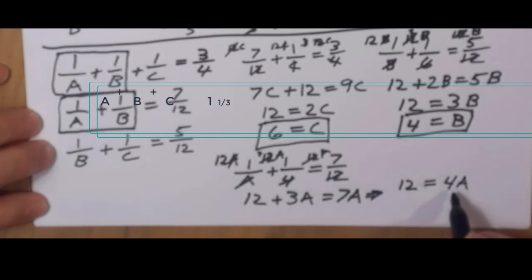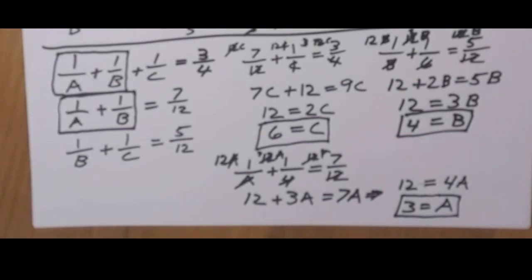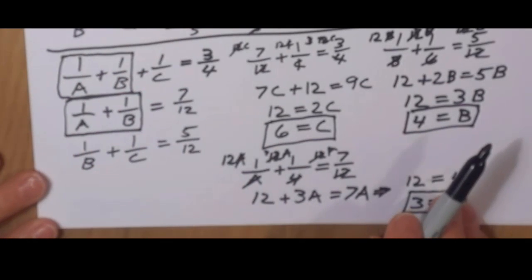Divide both sides by 4, we get 3 is equal to A. So those are our three solutions. And you can put these back into this equation. You'll see that it works.